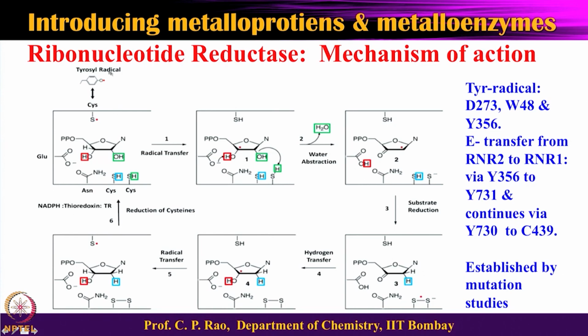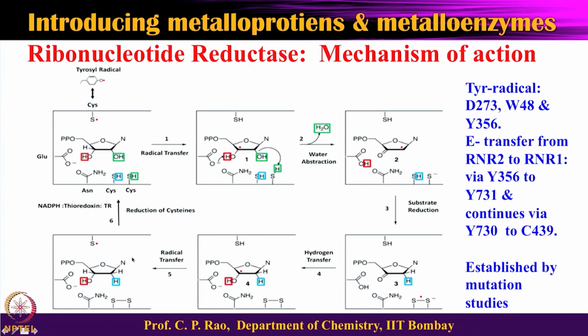So, this radical induces the radical formation at the interface, and this radical is transferred to the 3 prime, not the 2 prime, and there is a radical transformation taking place to 2 prime, and then the 2 prime picks up the hydrogen to form 2 prime H, and that is reflected in the sulfhydryl functions going to the semi and to the full disulfide formation, and that leads to the hydrogen transfer over here and the radical.